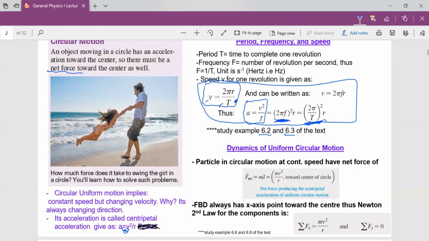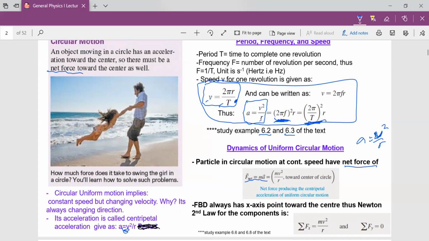But what you have noted under this discourse is that particles in circular motion at constant speed have a net force, as we see in Newton's second law. This is an established law that we can always import, okay? And because we already know the acceleration of a circular motion is, you know how many times you have seen this formula today? v squared over r.